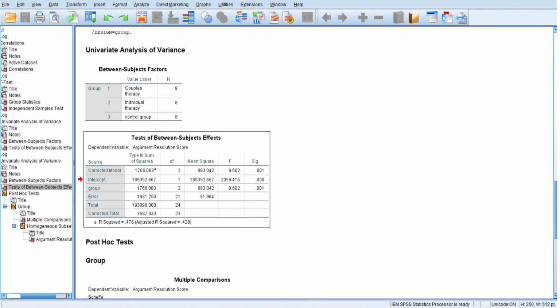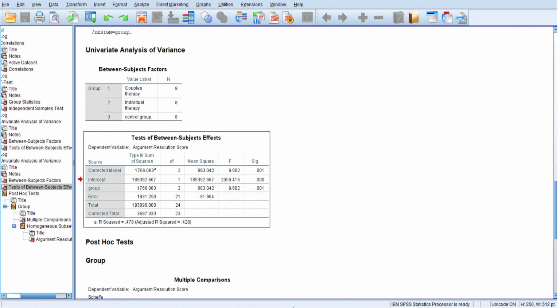So that's what I'm going to write, 9.602. Well, that's only reporting our F value, so now we put a comma and report our p-value. Our p-value is, like we said before, 0.001. So we write p equals 0.001. Now we have finished two parts of our ANOVA.